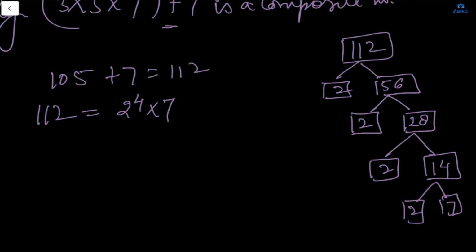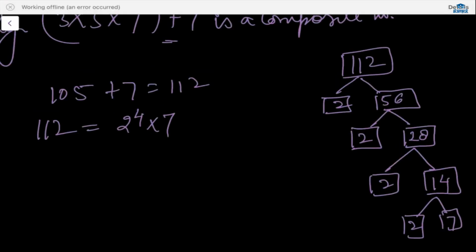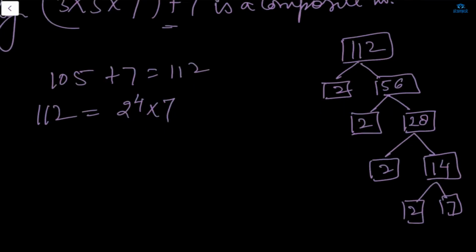Now you can see 1 and 112 itself, 2 and 7 are also the factors. Yes or no? 2 and 7 are also factors of this number. That's why it is a composite number. Okay? Got it? Yes, ma'am.